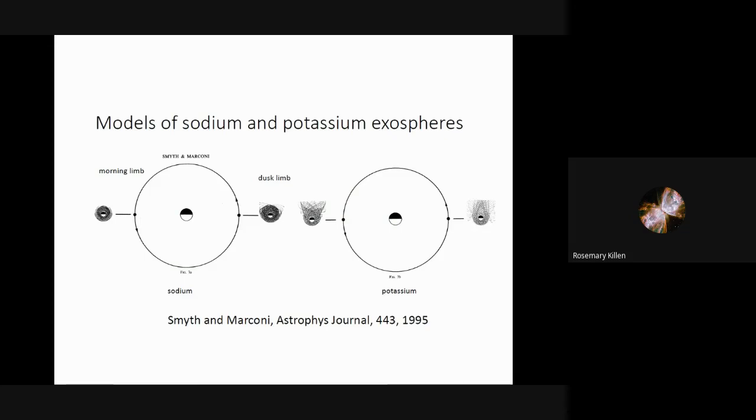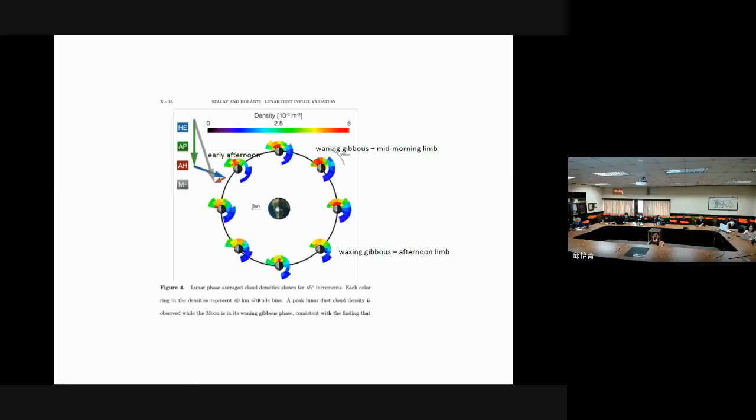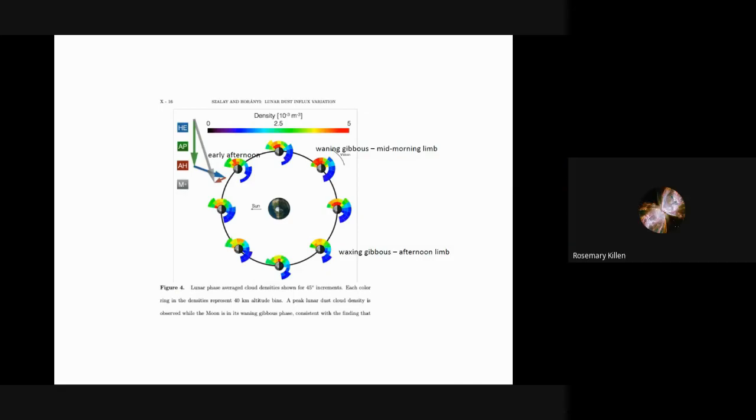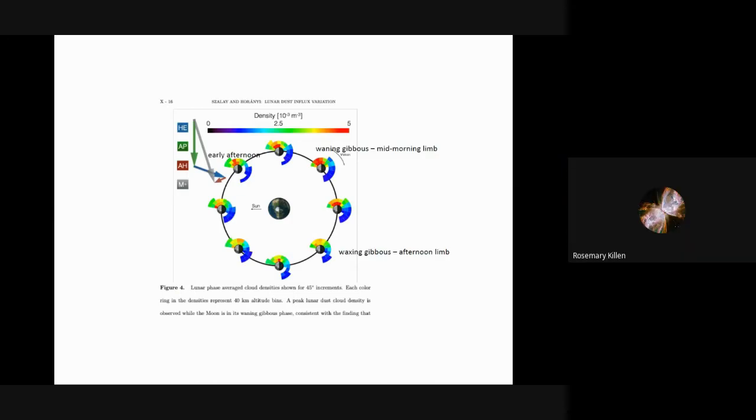But then, next slide, if you look at the LADEE observations of dust, you see that the dust is peaked at either dawn or slightly morning. So in the waning gibbous, the dust peaks more mid-morning, and at full moon, the dust peaks at the morning terminator. And so we think that this is also consistent with where we see the peak of the sodium.